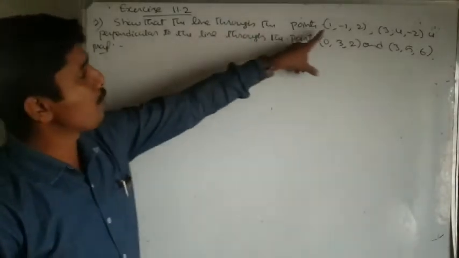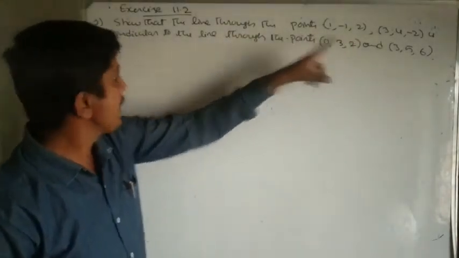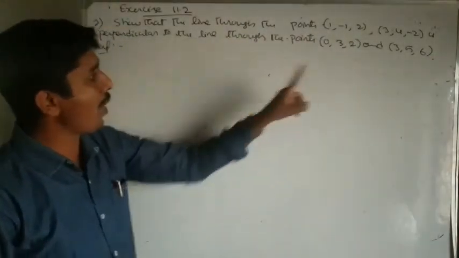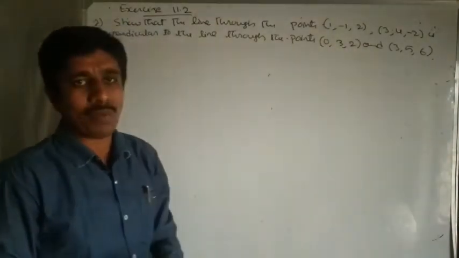Show that a line through the first point and second point is perpendicular to the line through the third point and fourth point.